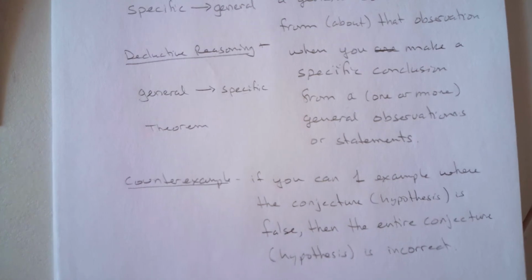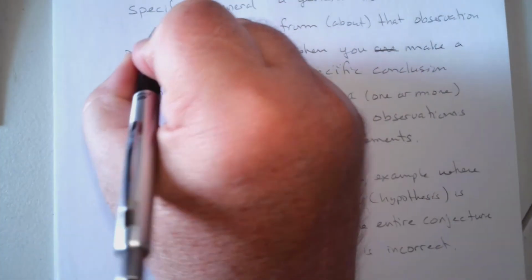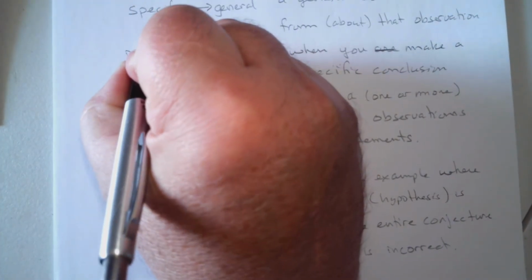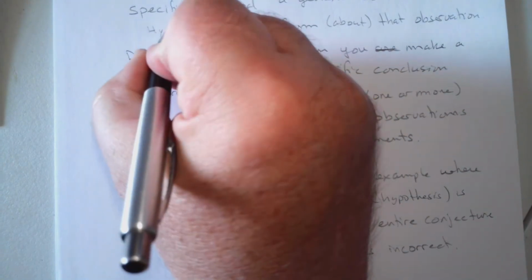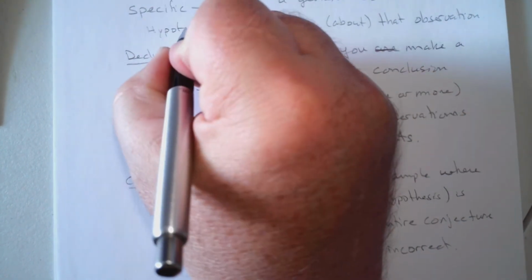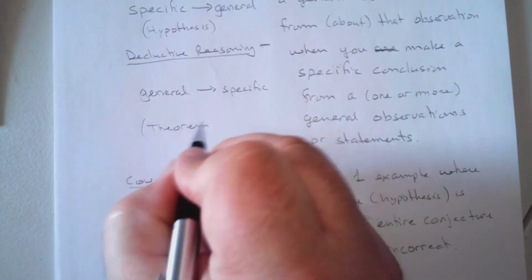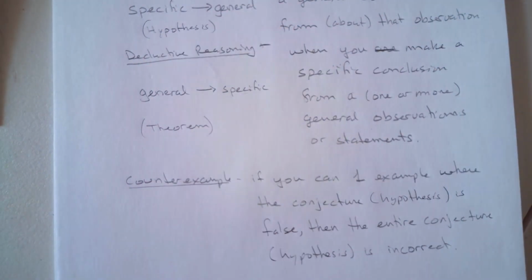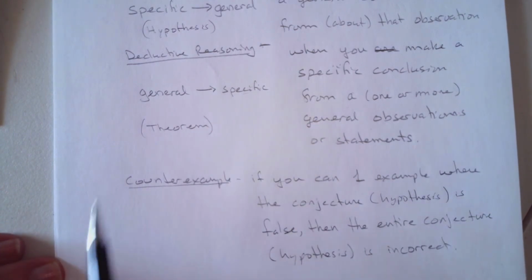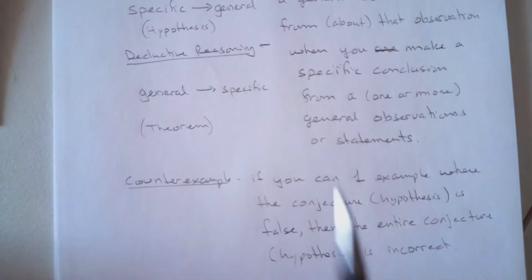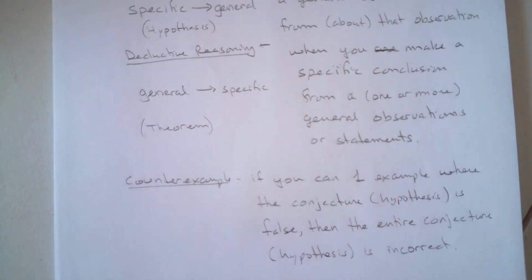All right, so that's the difference. So a hypothesis is used for inductive reasoning, and theorems are proven because it's going from general to specific. A hypothesis is still a guess. Until we prove it right or wrong, we can't do anything about it.